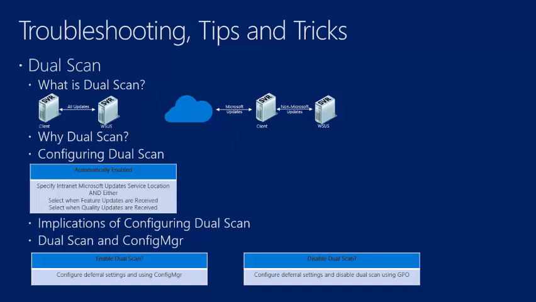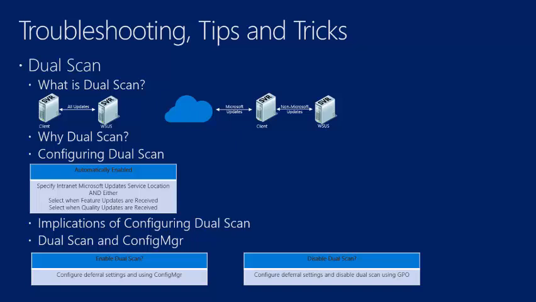But the impact, again, to Config Manager clients was pretty notable, right? In fact, if you ever see that you are not able to actually patch in bulk anymore, one of the things that you should look for is whether somehow dual scan got turned on, right? Which is interesting because then we talk about configuring dual scan. And if you look in Windows 10 1607, there is no specific setting that says enable dual scan, right?